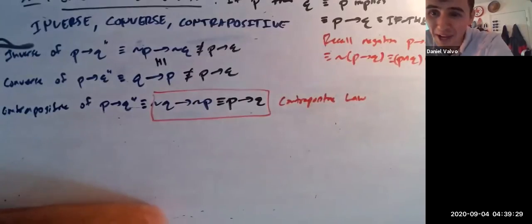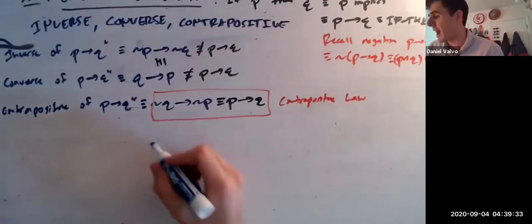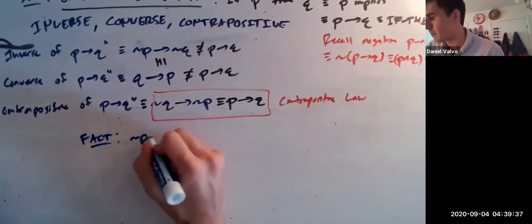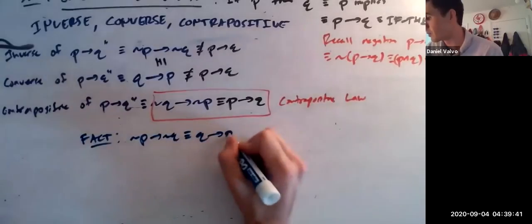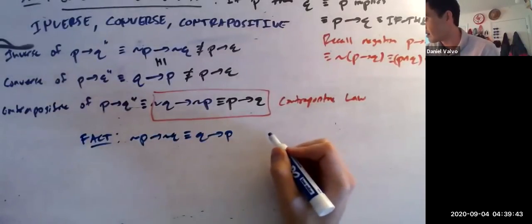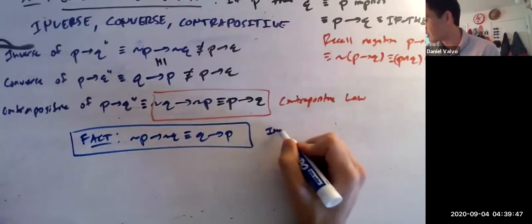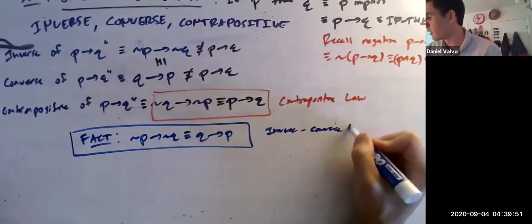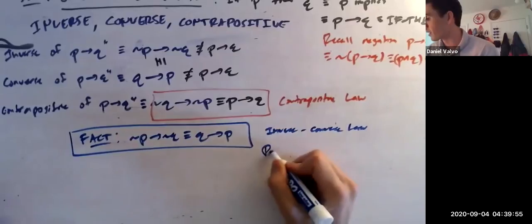However, I'm not going to tell you because it's going to be one of your homework 2 questions. I'm going to tell you the fact that not P implies not Q is equivalent to Q implies P. And we'll call this inverse converse law, but proof for homework.